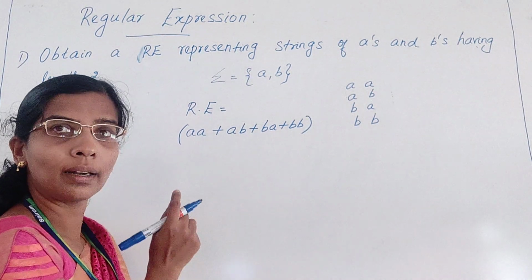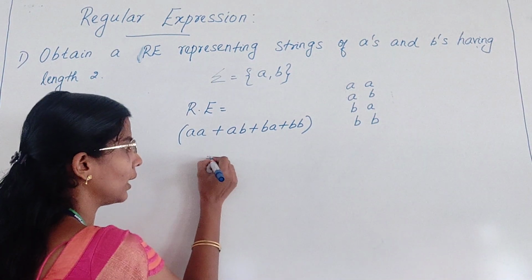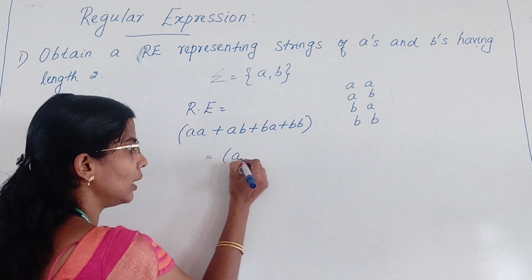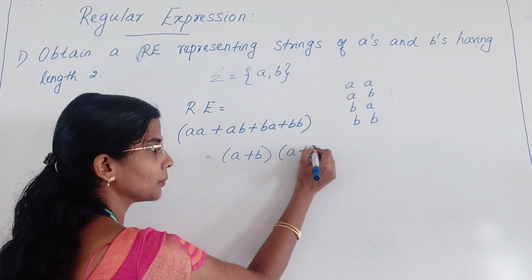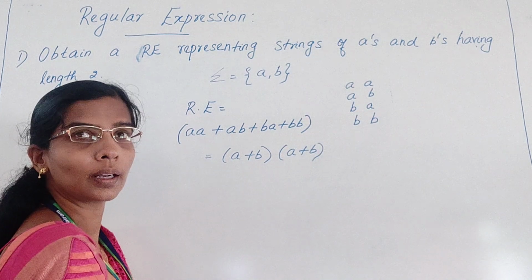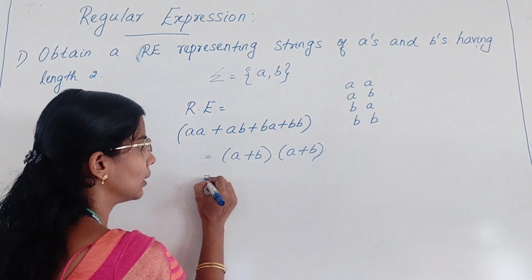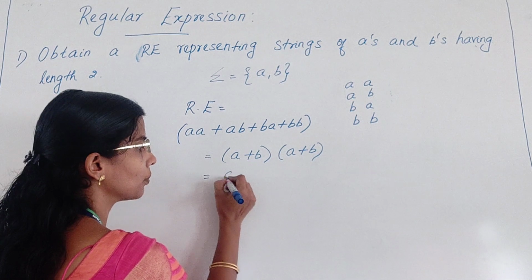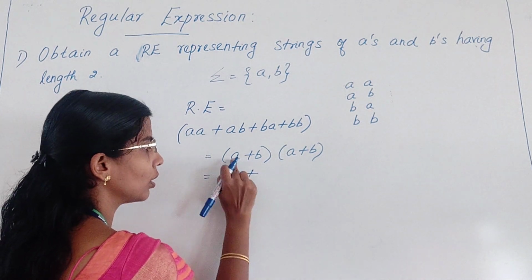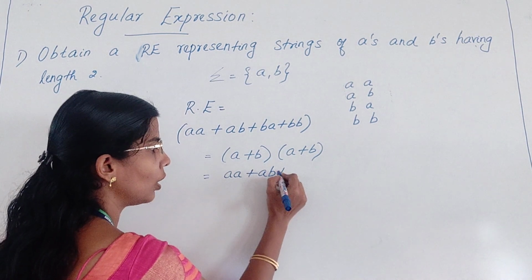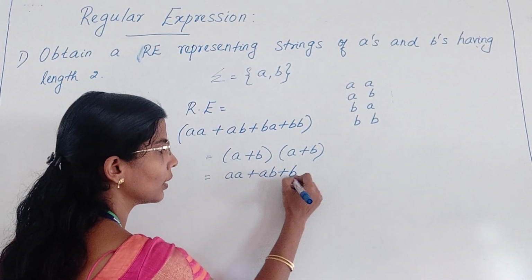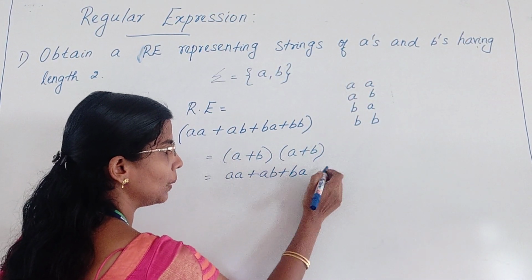I can write like this, or I can write (A plus B) 2 times. If you multiply this out, you get AA or AB or BA or BB.